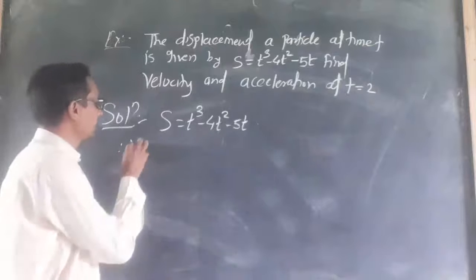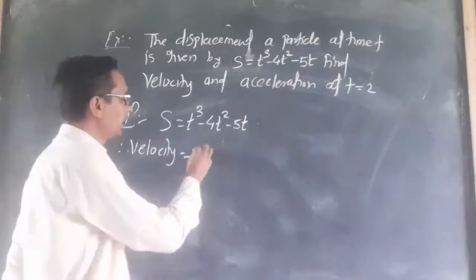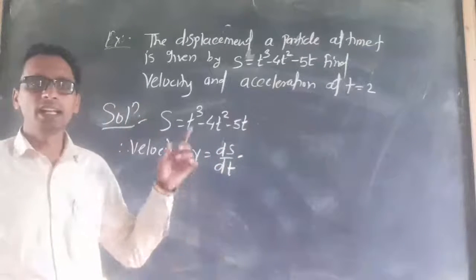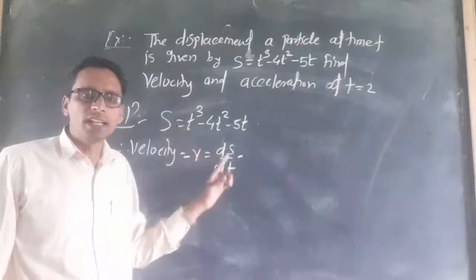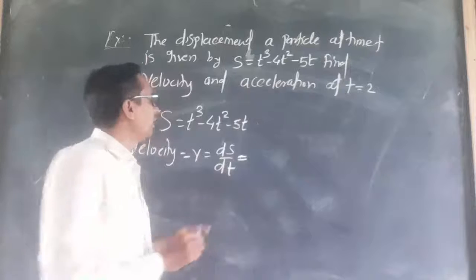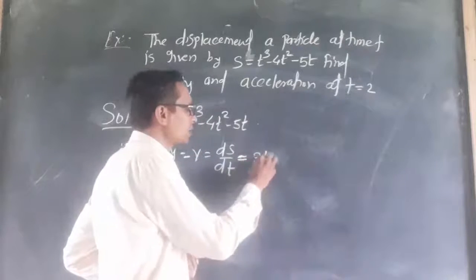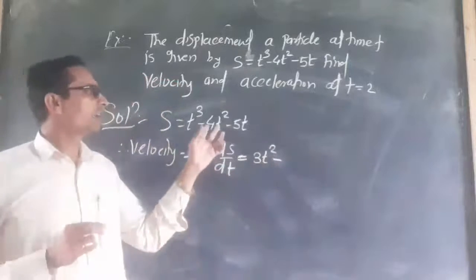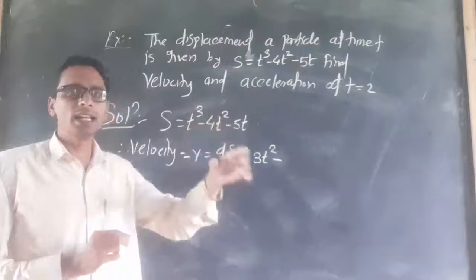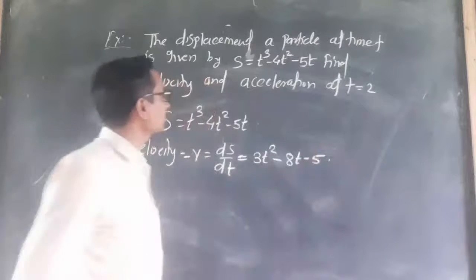Therefore, velocity v is equal to ds by dt, means find the derivative of displacement with respect to t. Derivative of t cube is 3t square, minus derivative of 4t square, that is 8t. Answer is 3t square minus 8t minus 5.